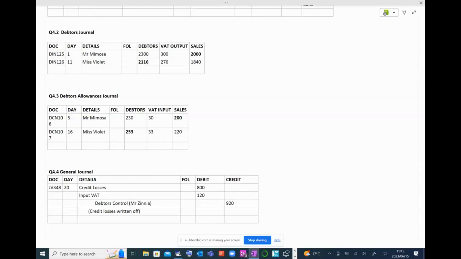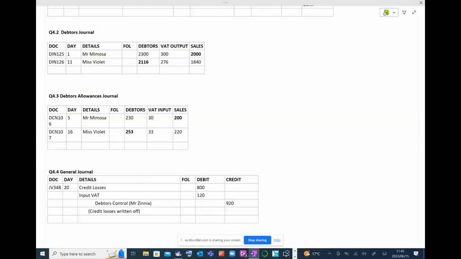Okay, there you go. This one was a credit loss. You now need to remember credit loss is an expense. Bad debts, credit loss, same thing. We know expenses, we debit. We get input VAT. Because remember, when we sold these goods, we said, SARS, we owe you output VAT because we just made a sale.